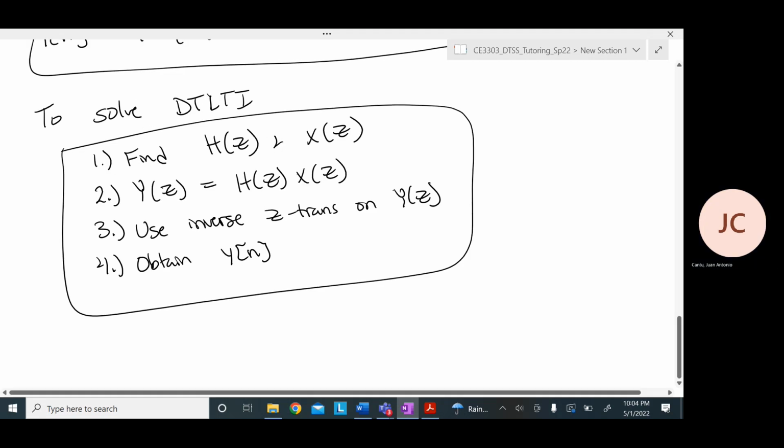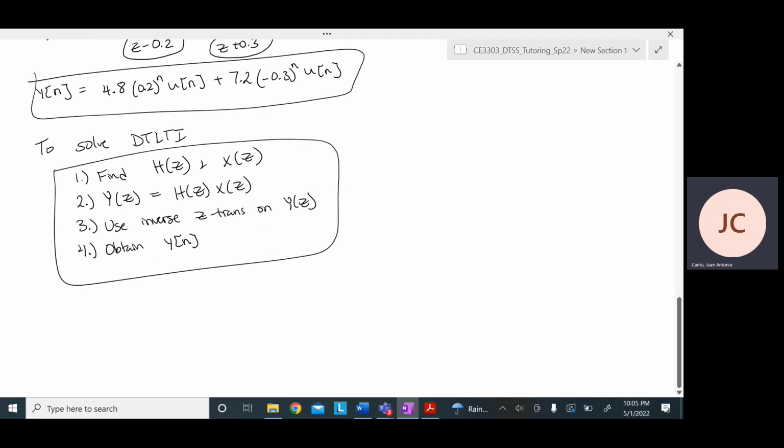Okay. So the next thing is stability. And this involves the transfer function.